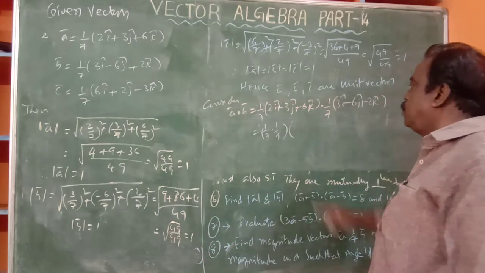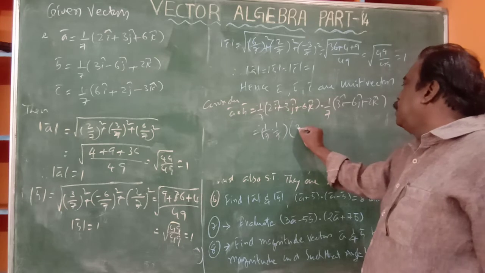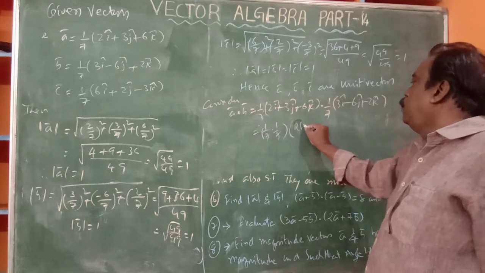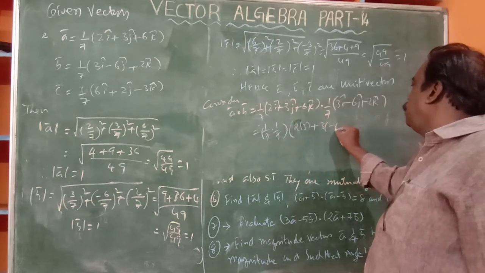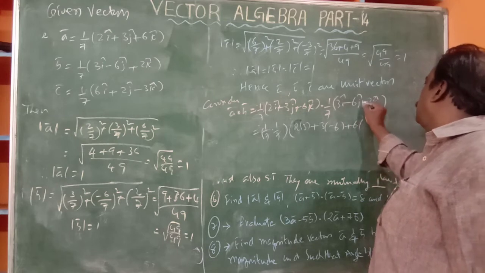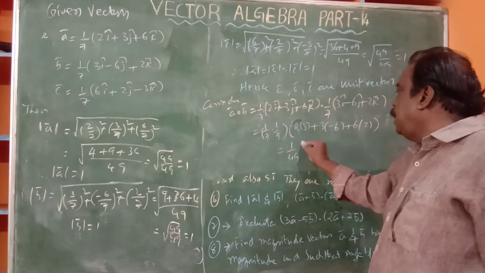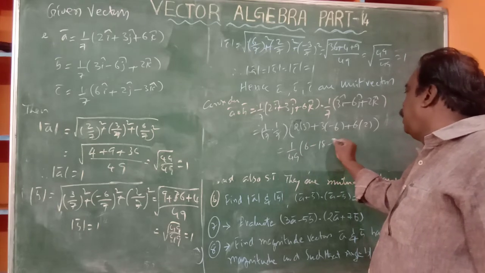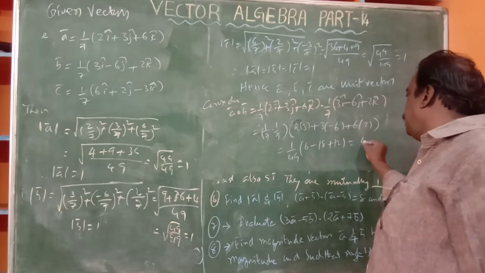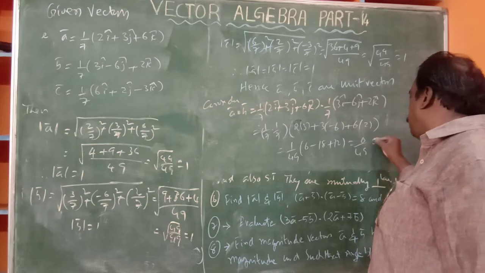And it is 2 into 3, plus 3 into −6, plus 6 into 2. It is 1/49 times (6 − 18 + 12). That is 0/49, which is 0.